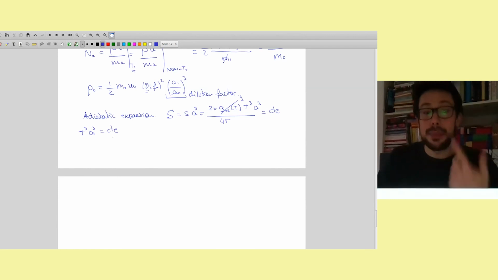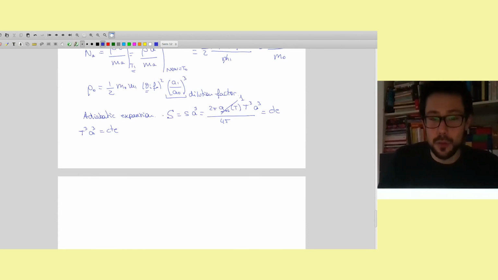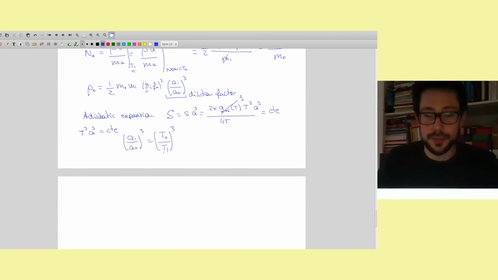In particular, this means that if now we want to compute this dilution factor, which is A1 over A0 to the cube, this will be nothing but T0 over T1 to the cube.